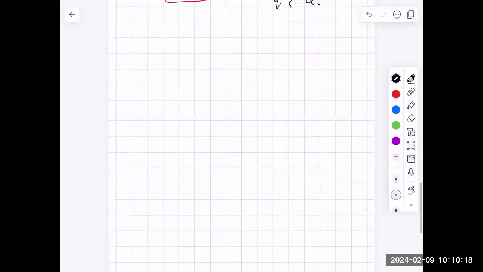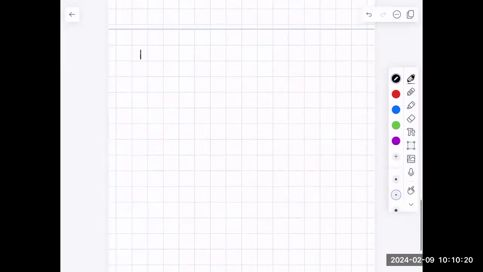Okay, so I'm going to make a little table here. On one side of our table, we're going to have the potential energy of a pair of point charges. We just worked that out.